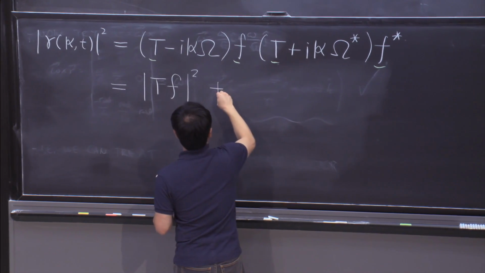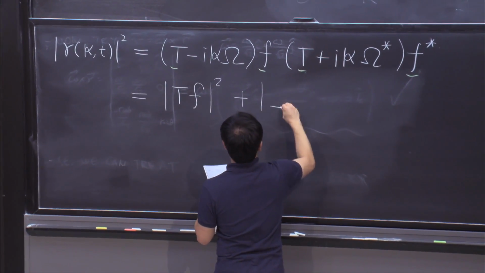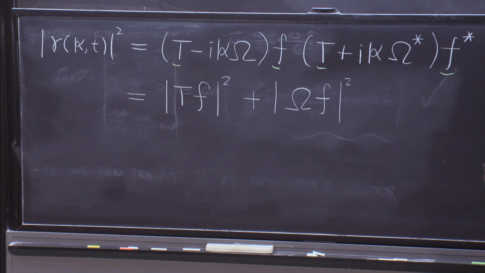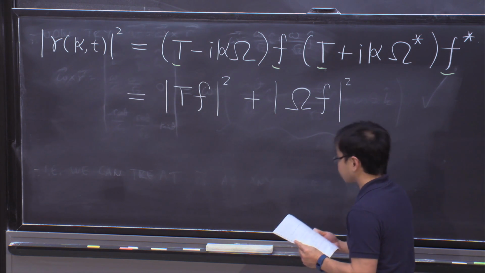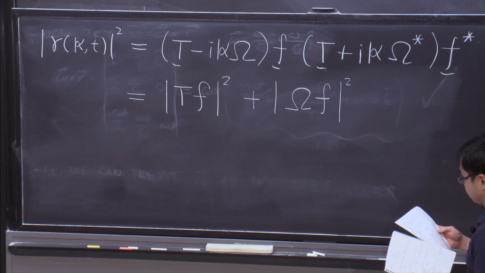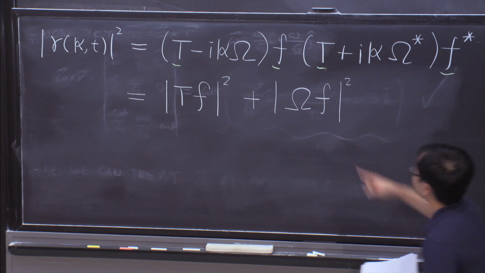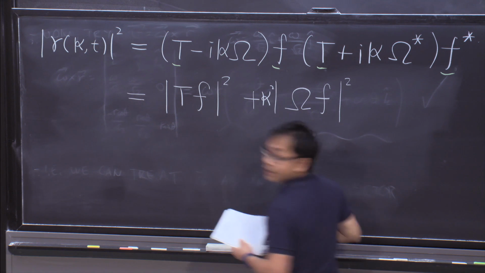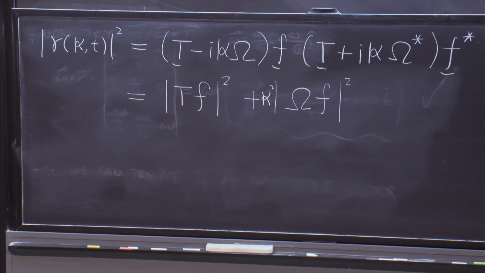And also you can collect another term which is omega F squared. You should have a kappa square in front of it. Any questions so far?